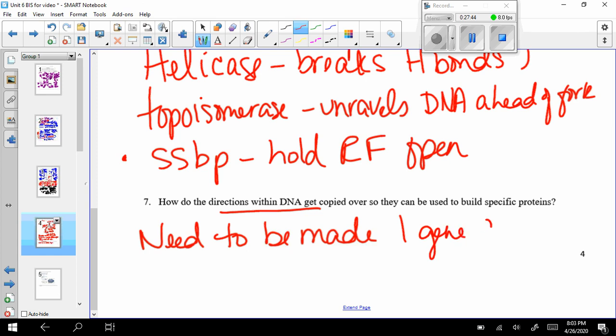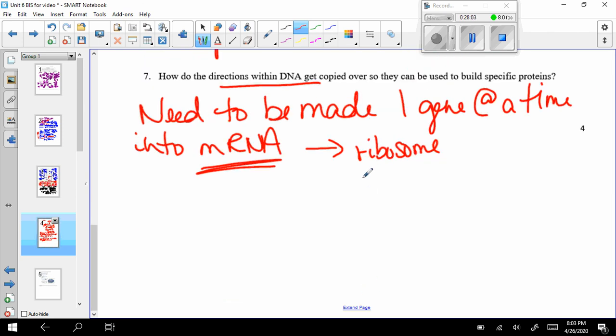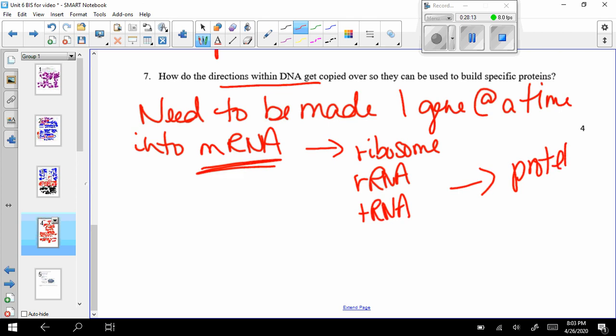One gene at a time into messenger RNA. And then that messenger RNA is going to go through some modifications, and it's going to leave the nucleus, and it is going to go to the ribosome. And with the help of rRNA, which makes up the ribosome, and tRNA, which brings amino acids to the ribosome, it will eventually make a protein.